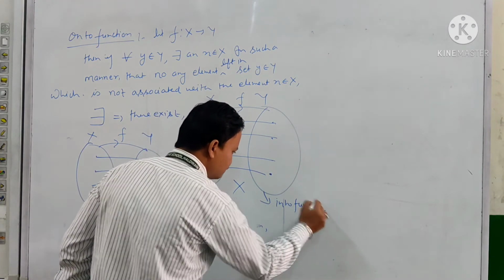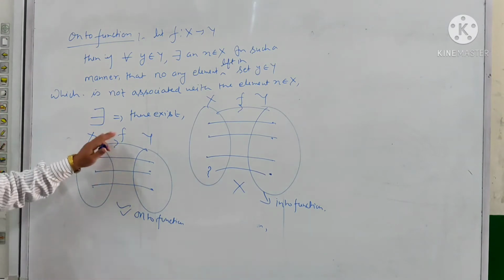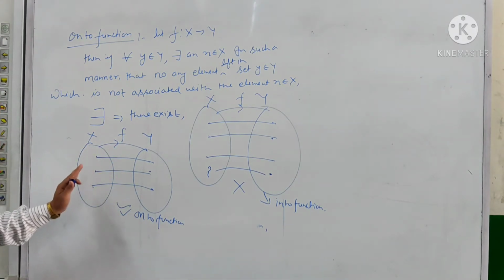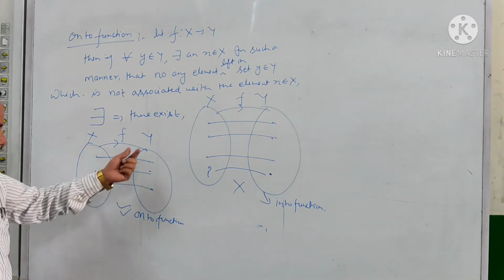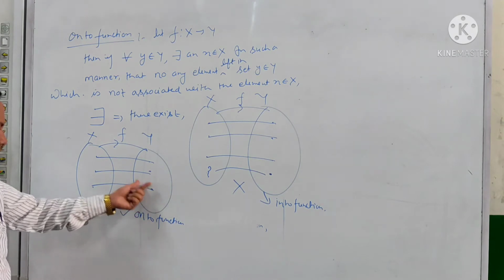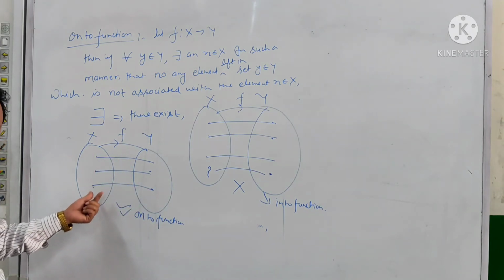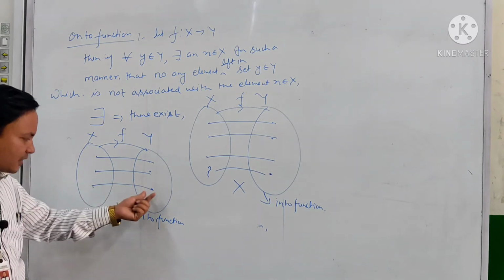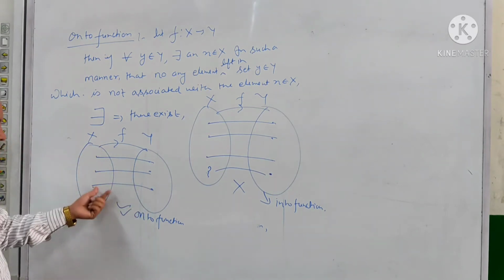But we will focus only on onto function. So basically, what is an onto function? A function is said to be onto if for every element y belongs to set y there exists an element x belongs to set x such that each element of set y has a pre-image in set x.